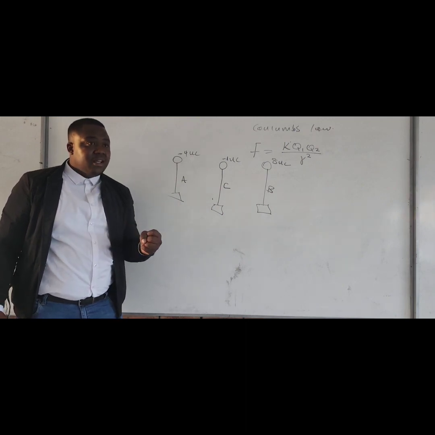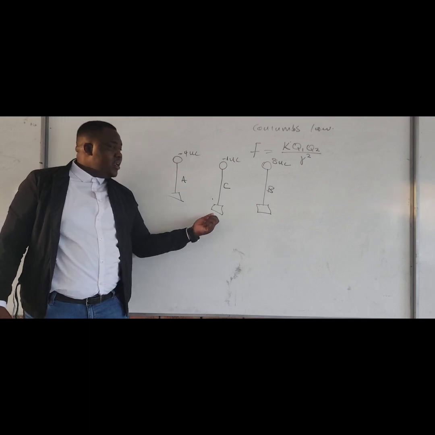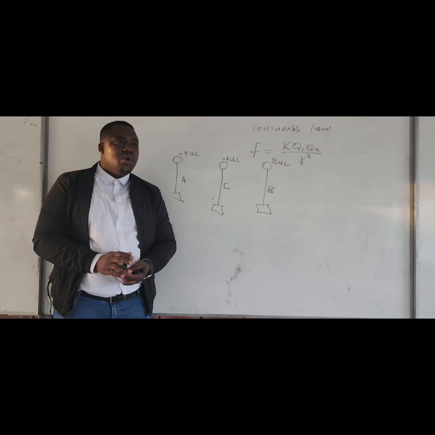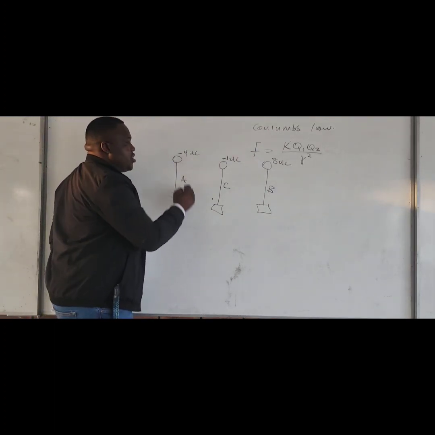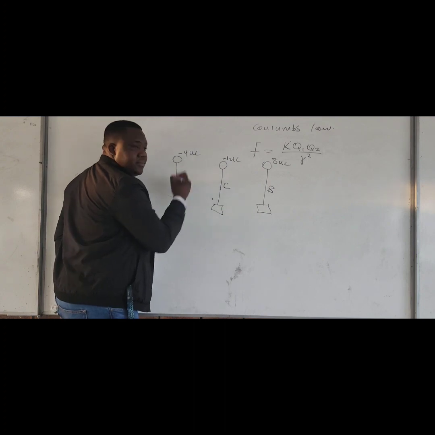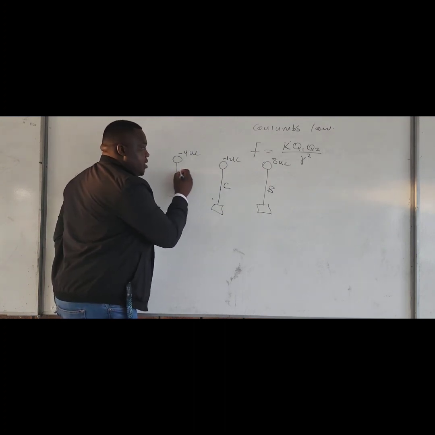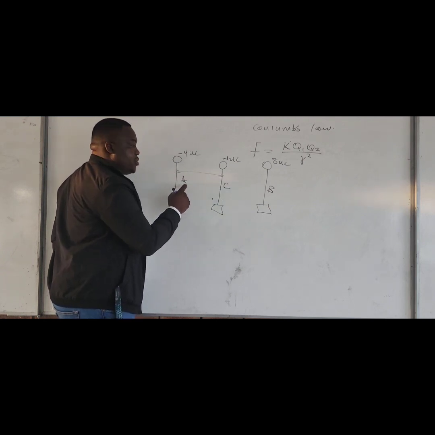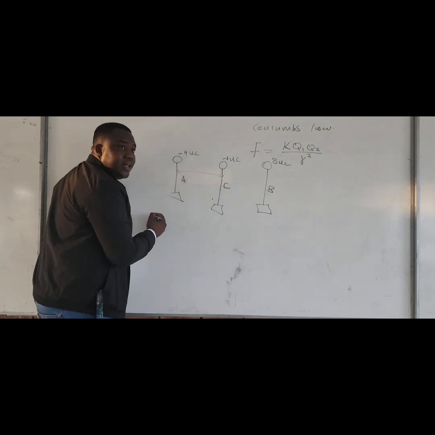So when they say calculate the net electrostatic force which C experiences due to A and B, you know what to do. You use this formula to calculate the electrostatic force between A and C. Then you get the answer.